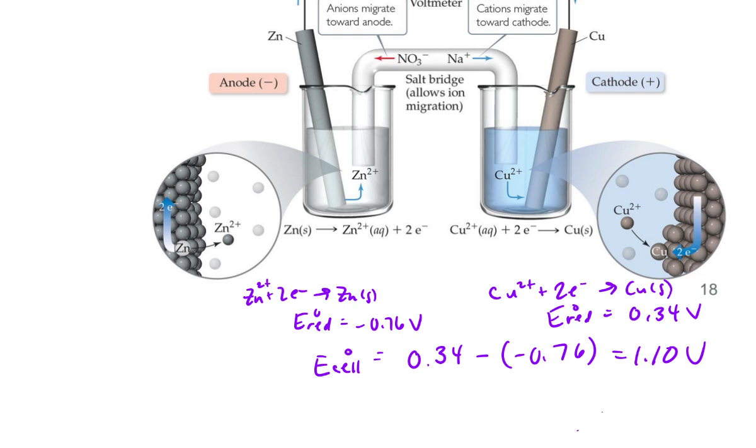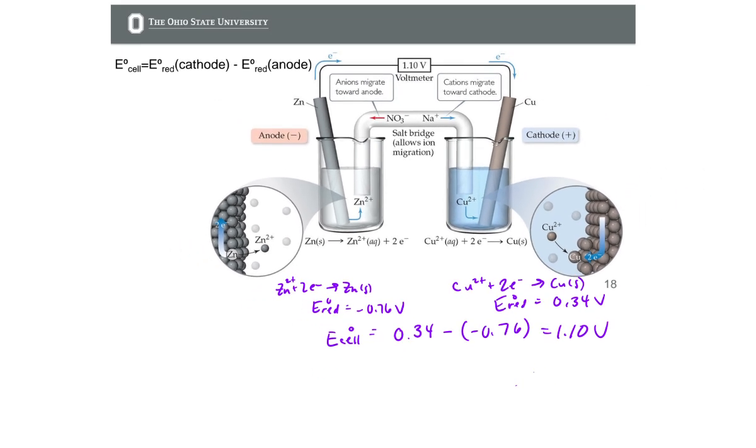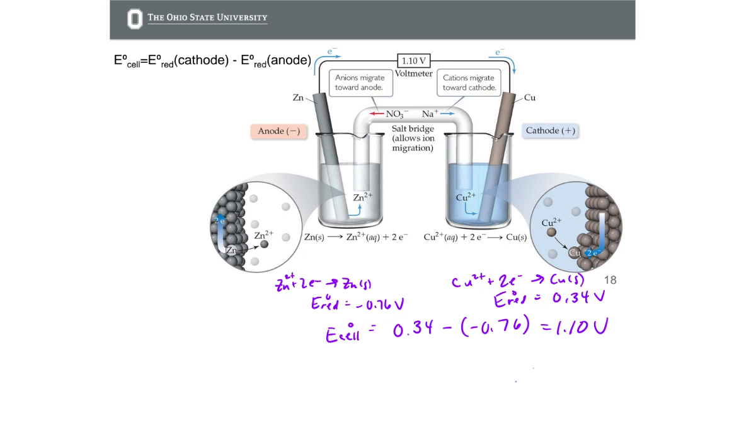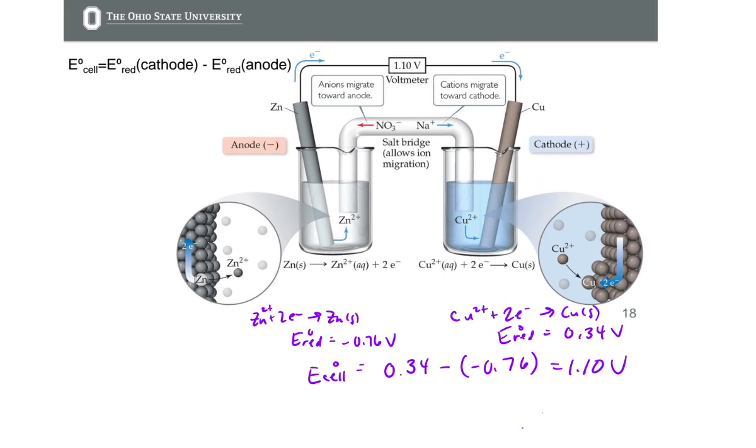Okay, so positive E cell means it's a spontaneous reaction, which it must be if we've called it a galvanic cell. And again, that's what is showing here on the voltmeter. That's the amount of volts we could get out of that galvanic cell.